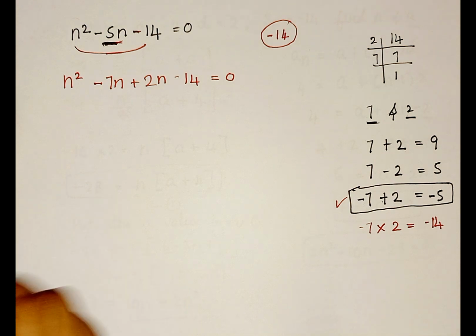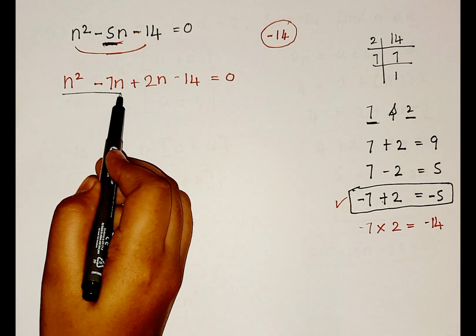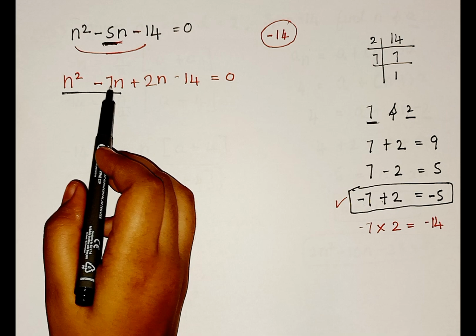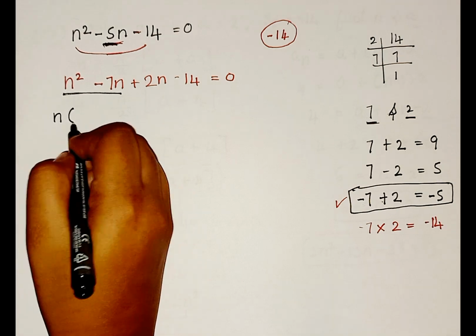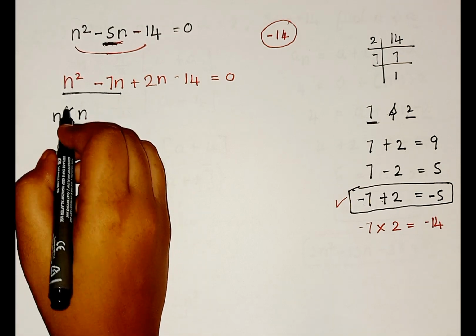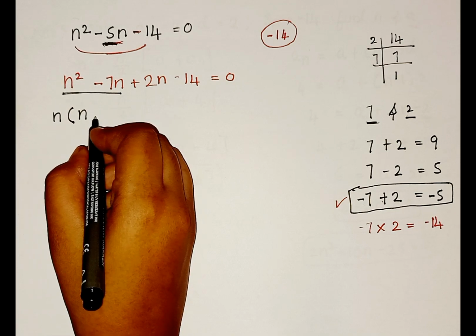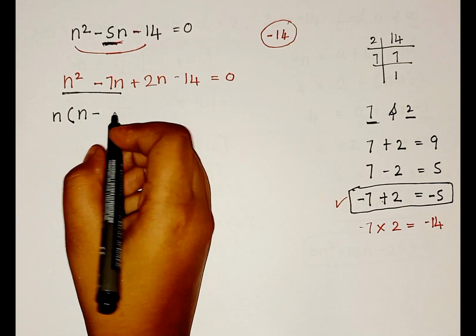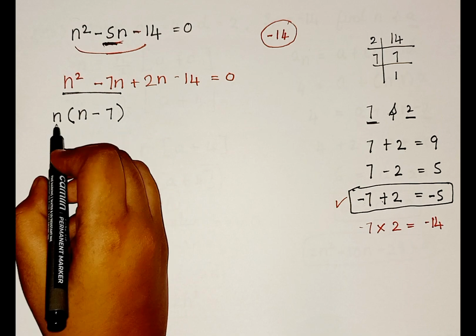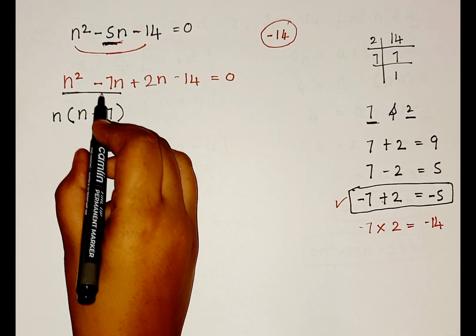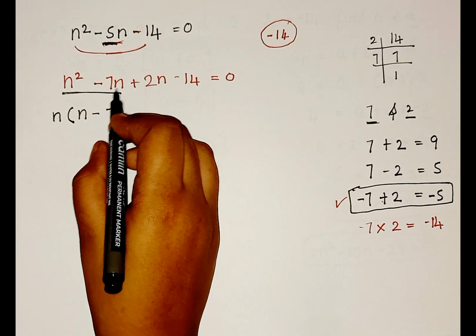When you look at it carefully, here we have n square minus 7n. Here I can take n as common, so n into n is n square, and then write the minus as it is and then 7. Why? Because n into minus 7 is minus 7n. We have to get these values.